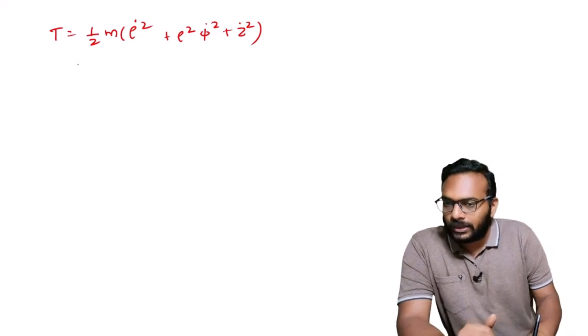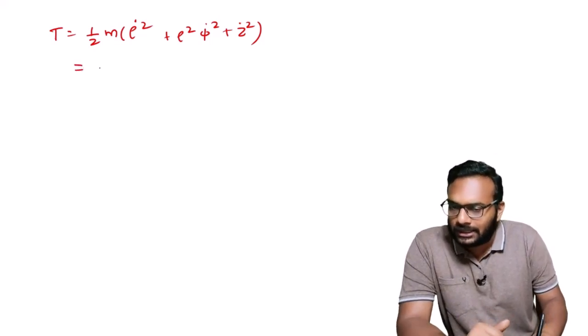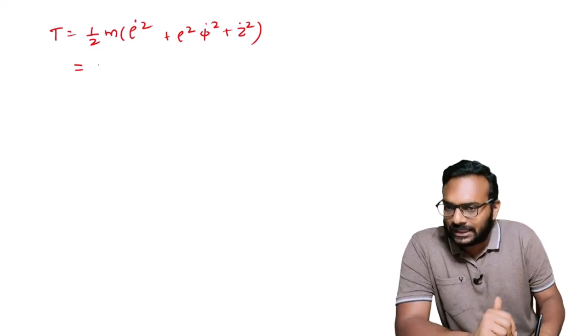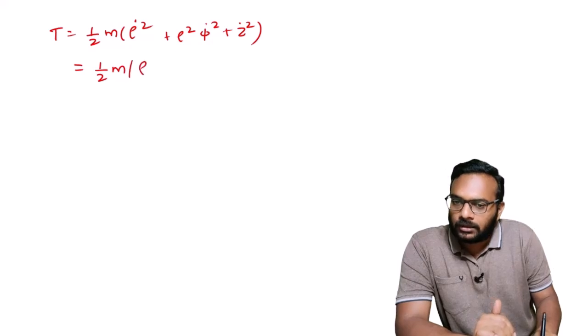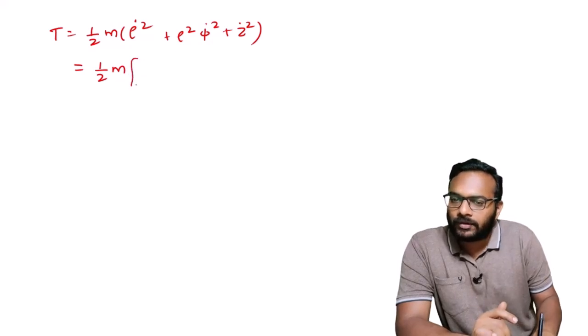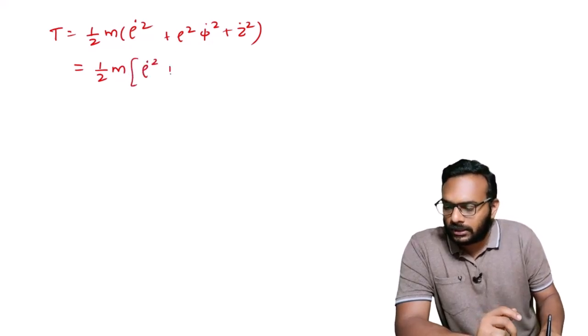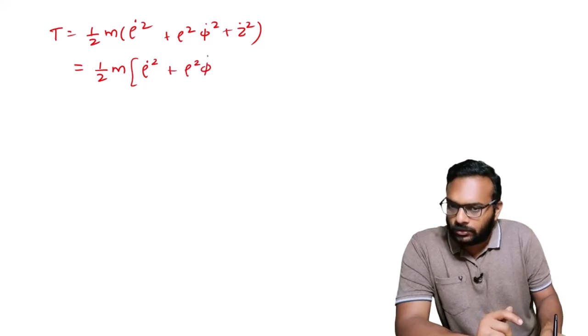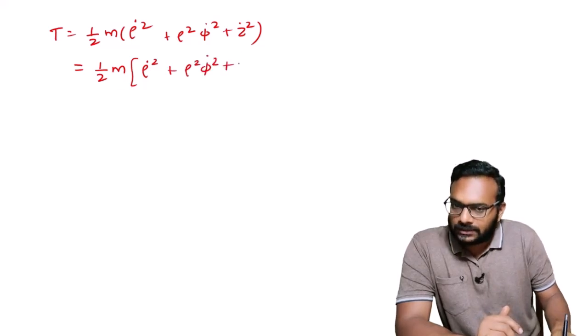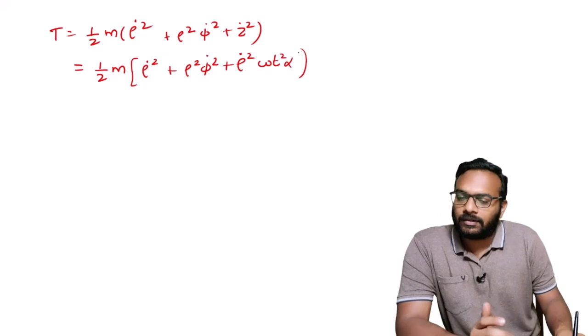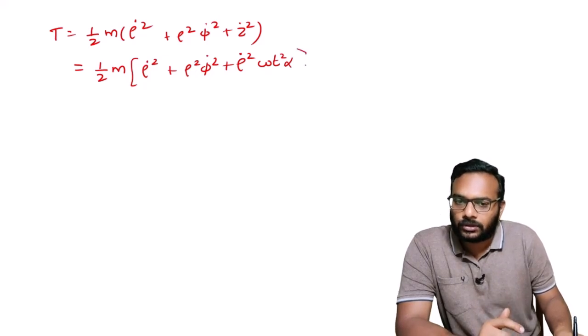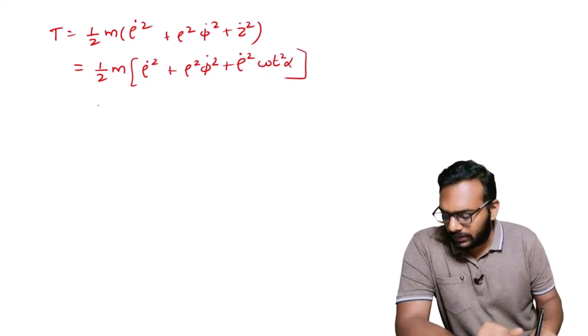Now we can put the constraint equation here and substitute for z in terms of rho and alpha. So this becomes half m times rho dot square plus rho square phi dot square plus rho dot square cot square alpha, where alpha is a constant.